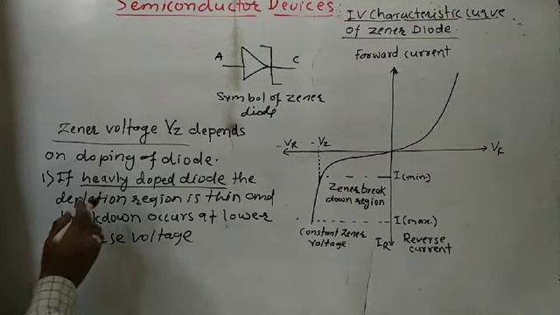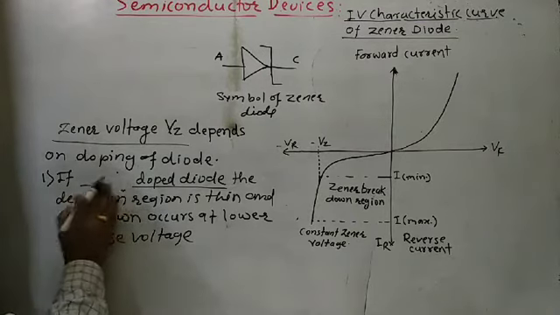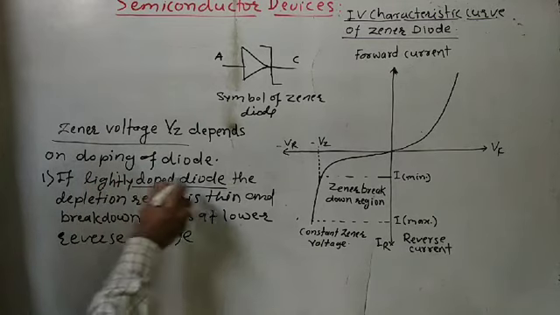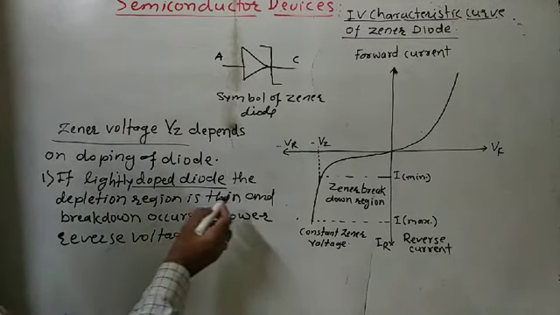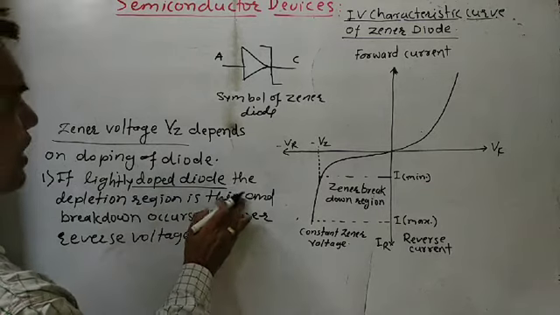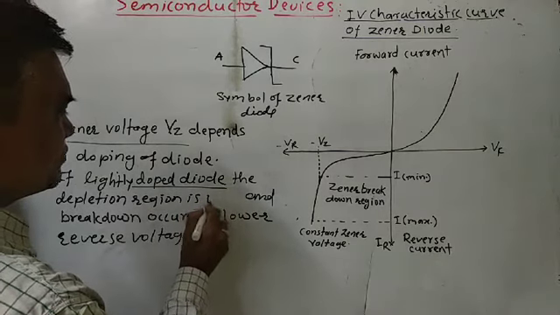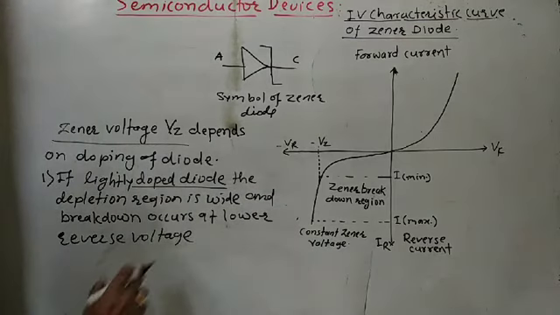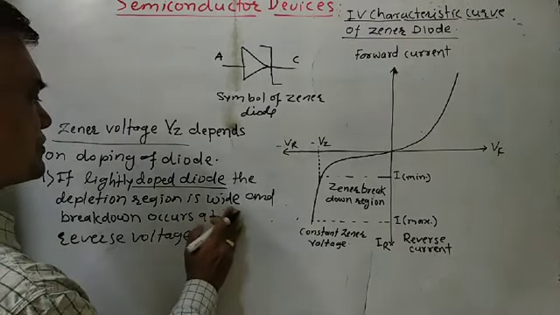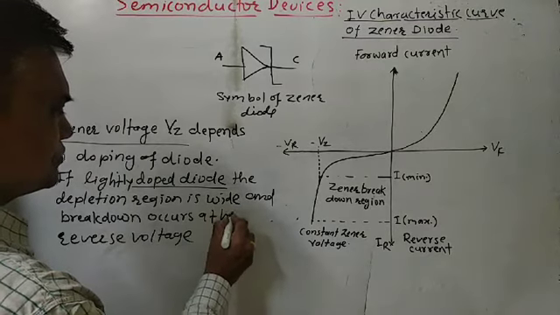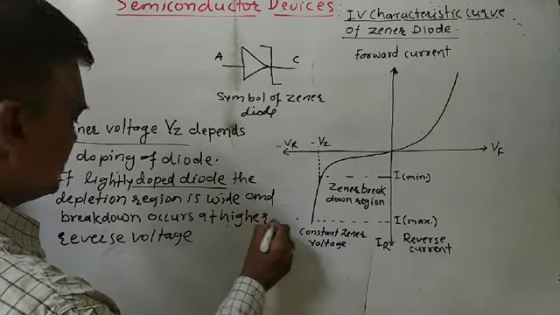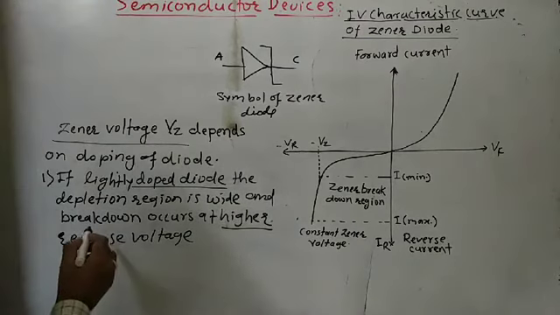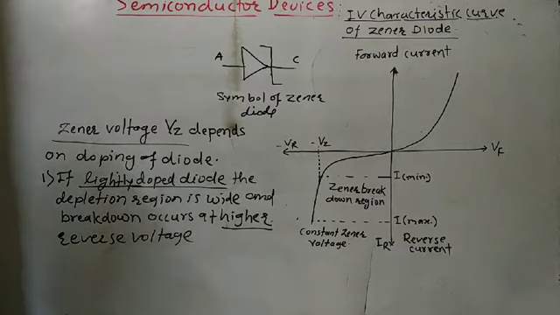Now, if the diode is lightly doped, the depletion region is wide, and breakdown occurs at a higher reverse voltage.